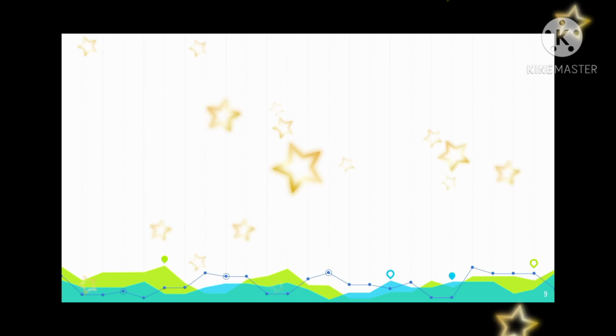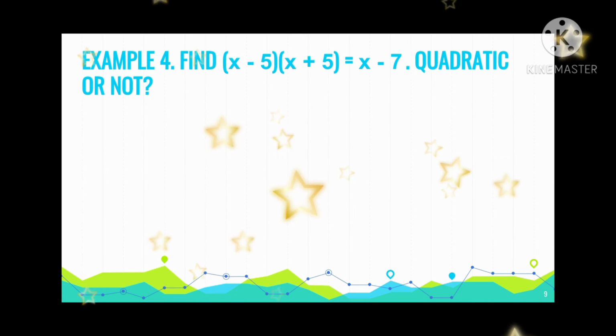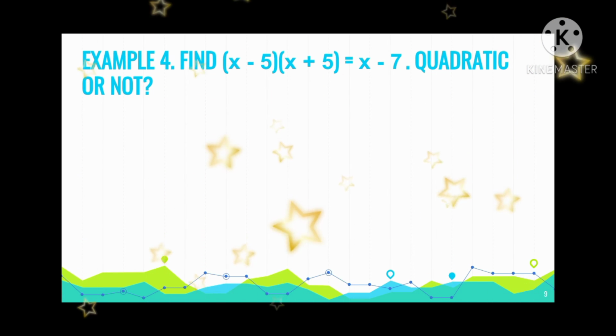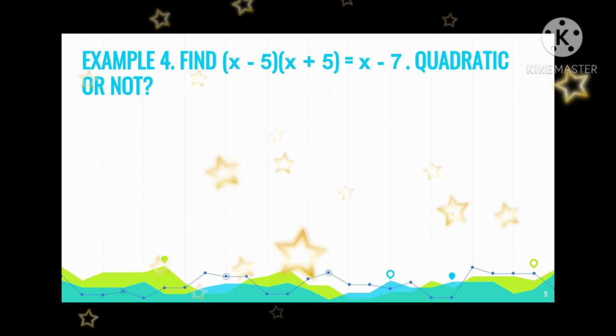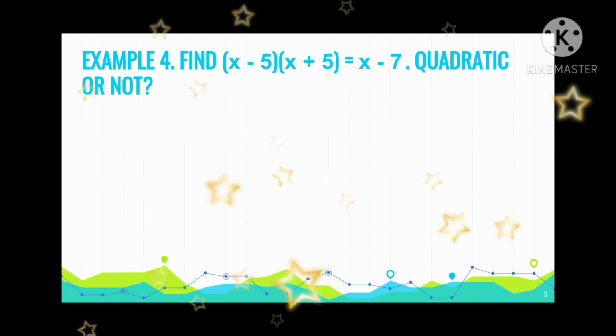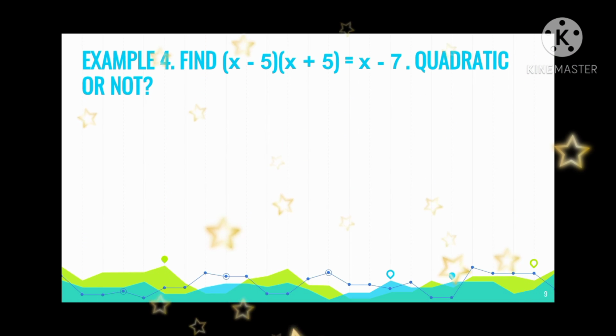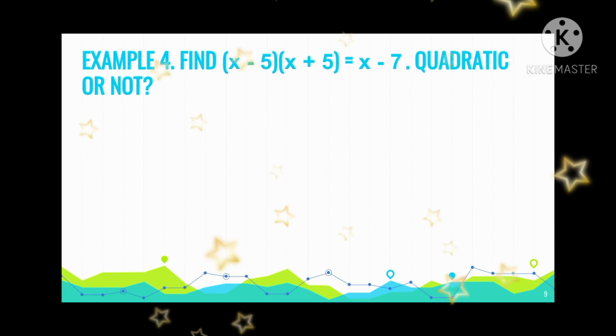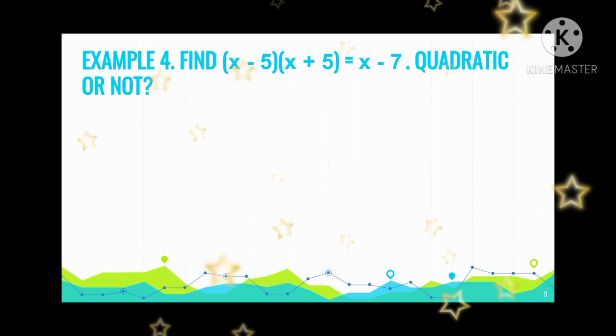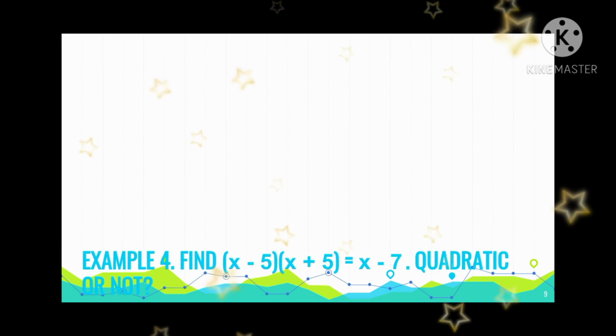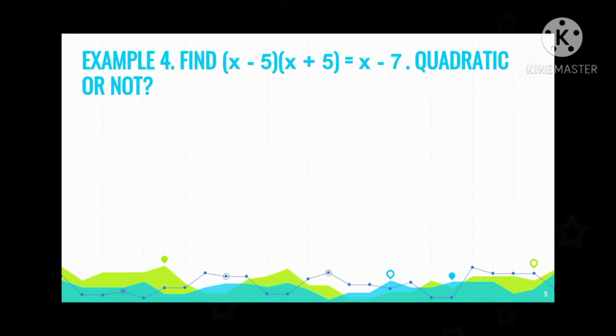And for our last example, find the product of x minus 5 and x plus 5 equal to x minus 7. Quadratic ba o hindi? Okay. So, the equation is x minus 5 quantity x plus 5 equal to x minus 7.